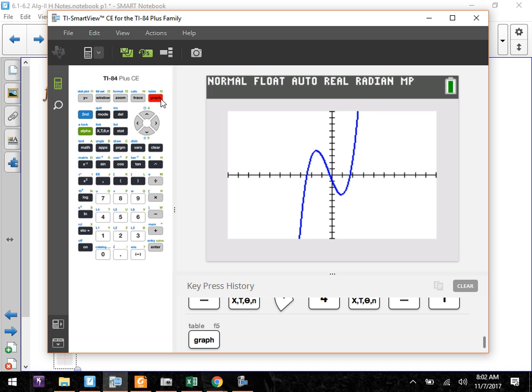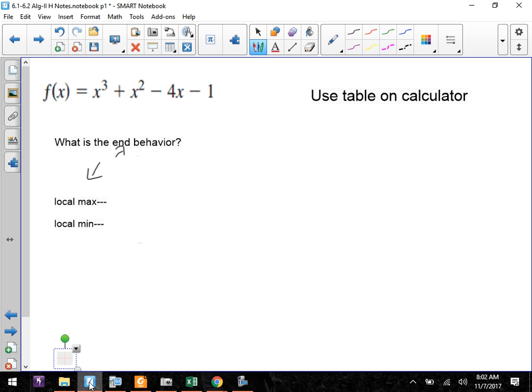Think about it. What does that constant represent? Oh, constant, the number at the end. The y-intercept. The -1, yes.